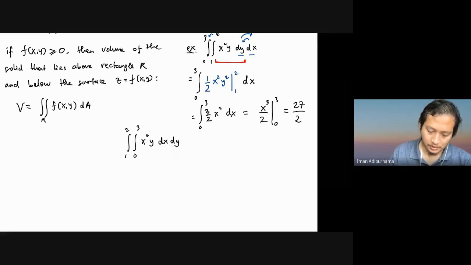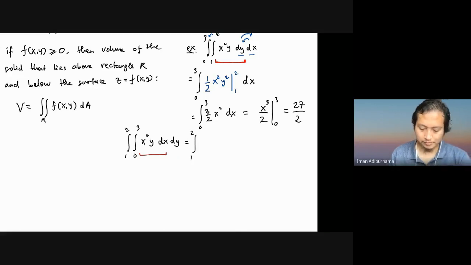Same thing, we compute the first integral that is inside. So write this as the integral from 1 to 2, and then integral with respect to x. It will be x cubed, from 0 to 3, and then dy.